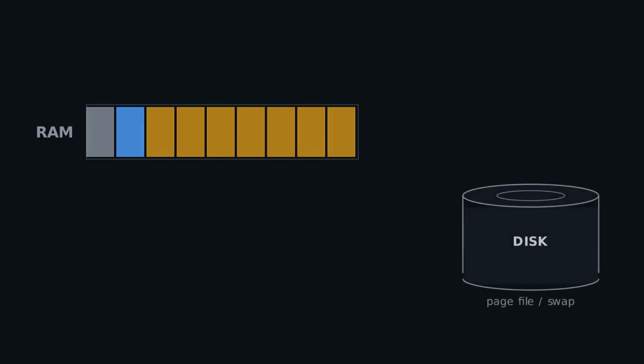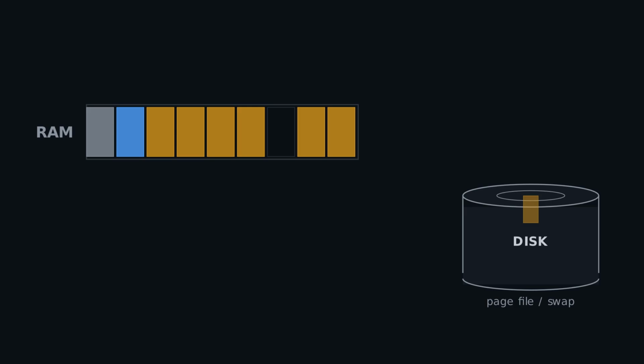Now, the way it makes room is quietly brilliant, and it's the root of everything you're feeling. The OS looks for pages of memory that haven't been touched in a while, like some tab you haven't looked at in 10 minutes. And then it copies them out of RAM onto your disk, your hard drive or SSD. Windows calls that file the page file.